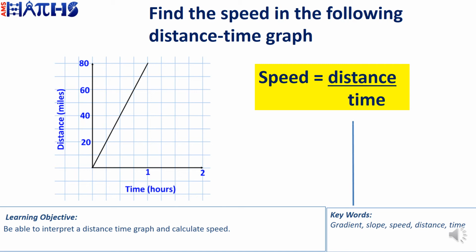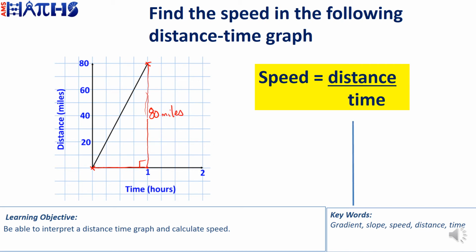And so I could take this right angled triangle from here to here, straight line, that's my right angled triangle there, and the change in height is 80 because we're going from 0 up to 80, and that is miles.